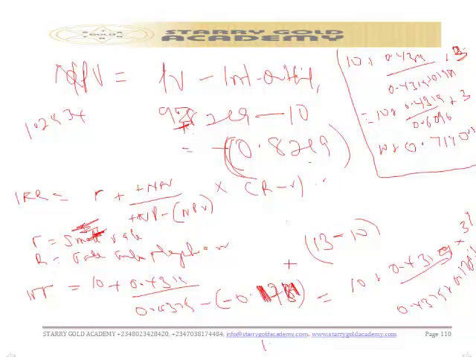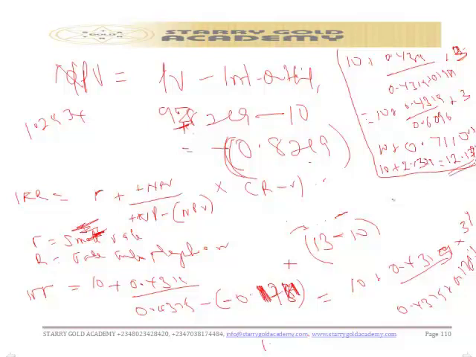So we have 10 plus 2.1329, which is equal to 12.139 approximately.